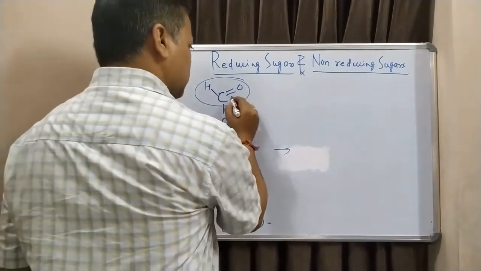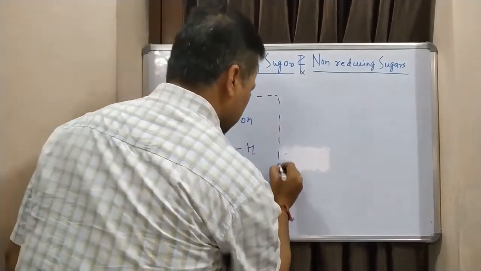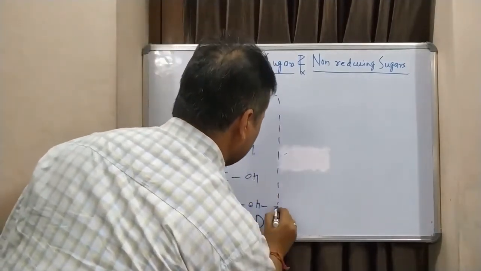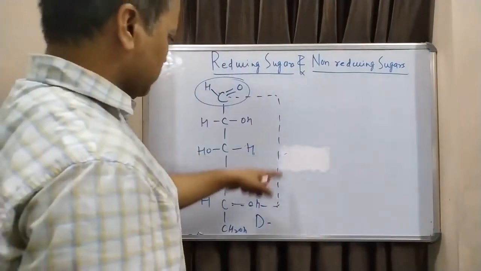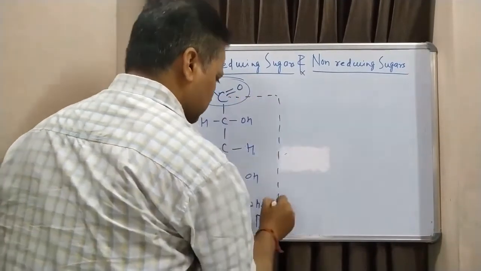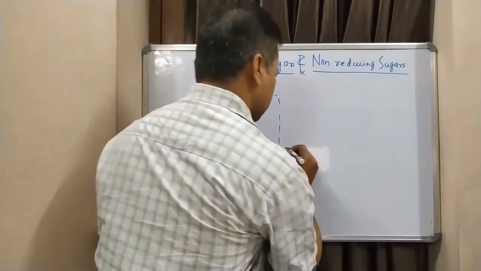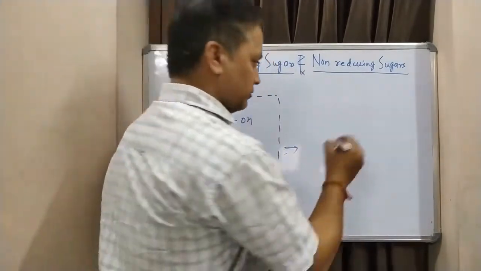This carbon normally forms a bond with the fifth carbon. So they form a cyclic structure from carbon number 1 to carbon number 5.